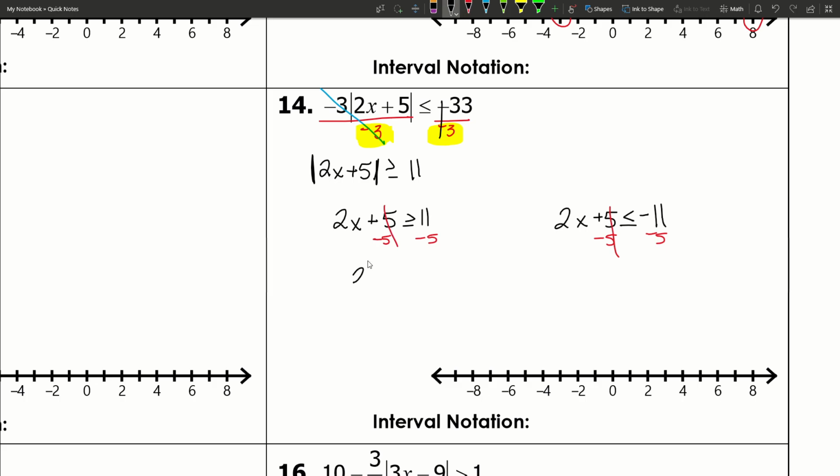So now we have 2x is greater than or equal to 11 minus 5 is 6. And negative 11 minus 5 is negative 16. Divide everything by 2. 6 divided by 2 is 3, so I have x is greater than or equal to 3.